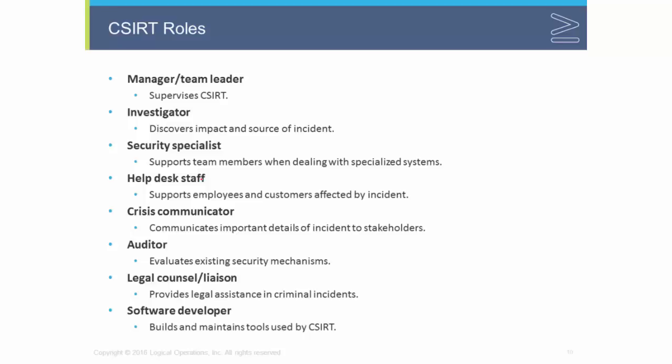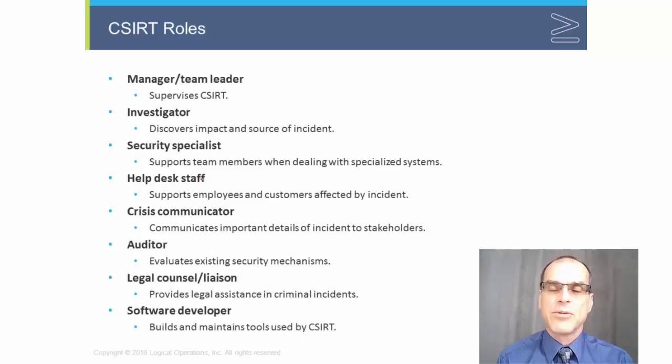So we will have perhaps a manager or team lead that would supervise the CSIRT and the CSIRT members, dealing with the people issues typically, and of course making sure that resources are available for the team where and when they need them. We'll have investigators that would be used to actually dig in and determine the source of an incident and try to identify root cause related to that.